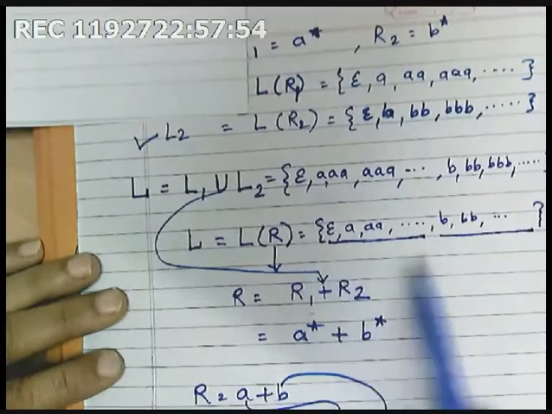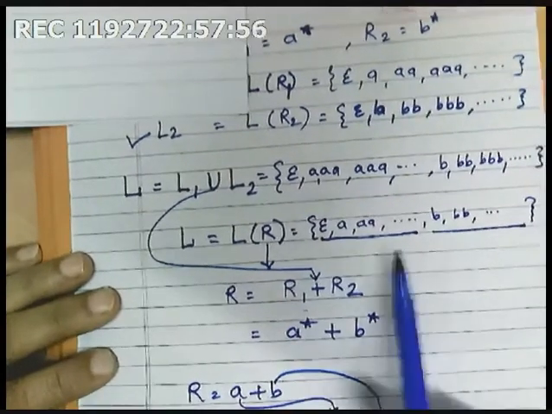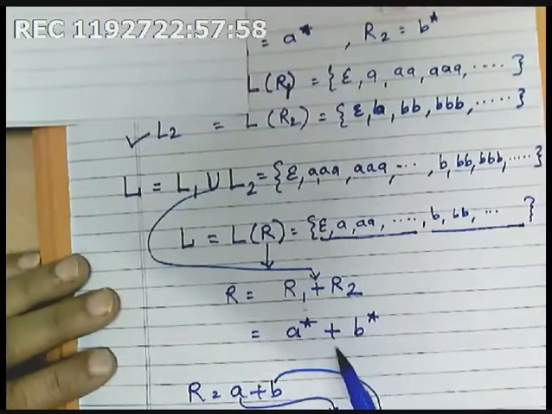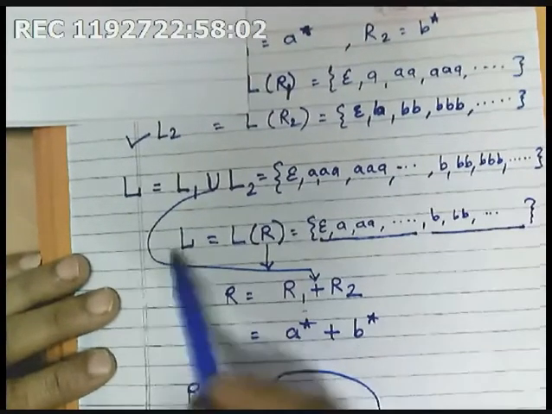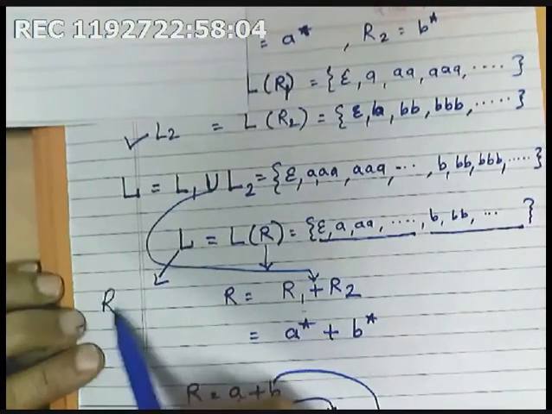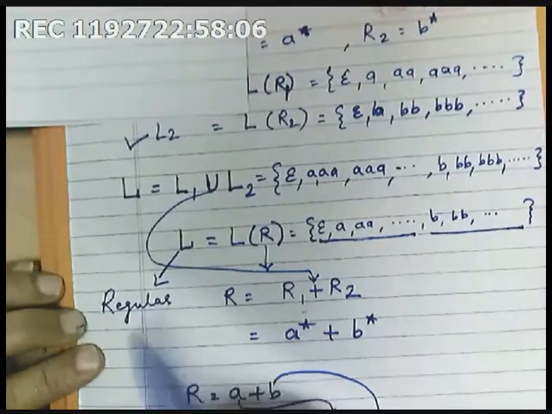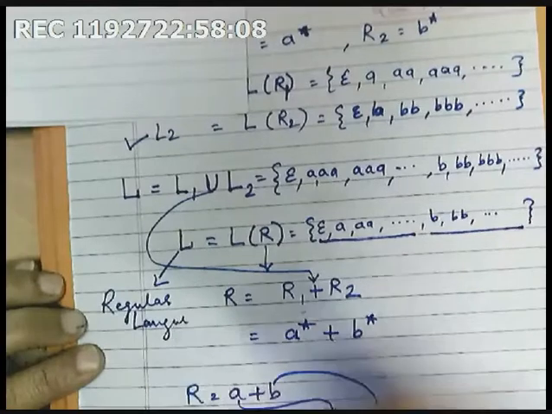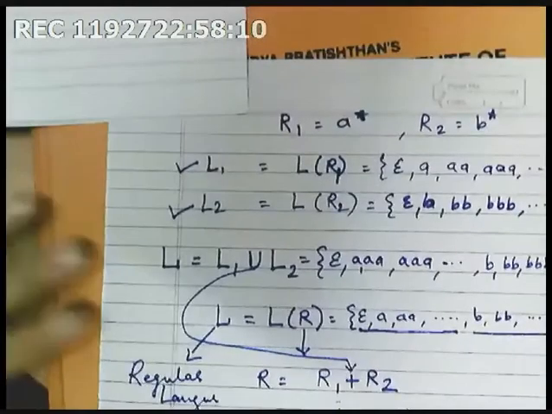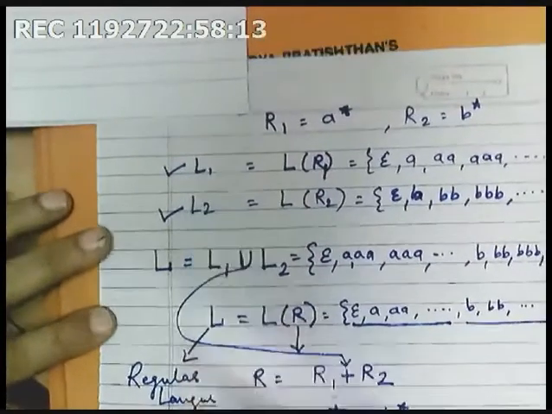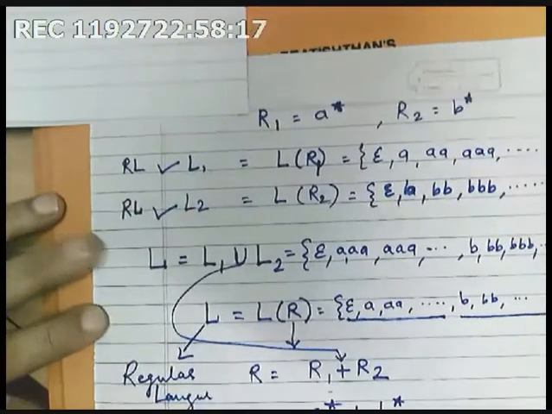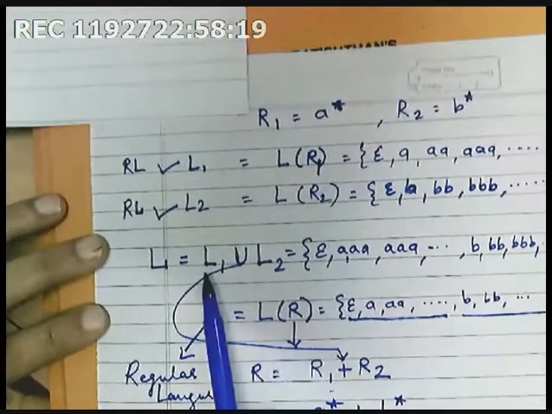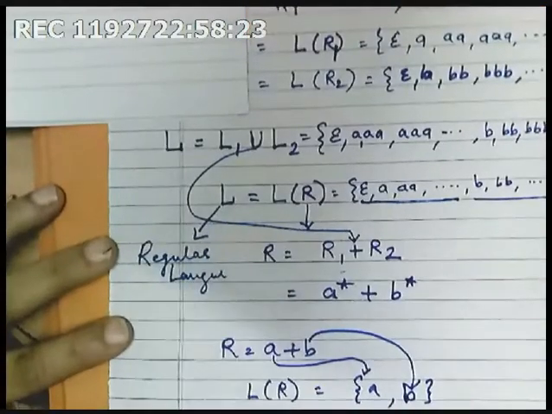If any language can be represented with the help of a regular expression, we call such a language a regular language. Agreed? So from this example, what you can say is: if L1 is a regular language and L2 is also a regular language, then the union of the two regular languages is also a regular language.